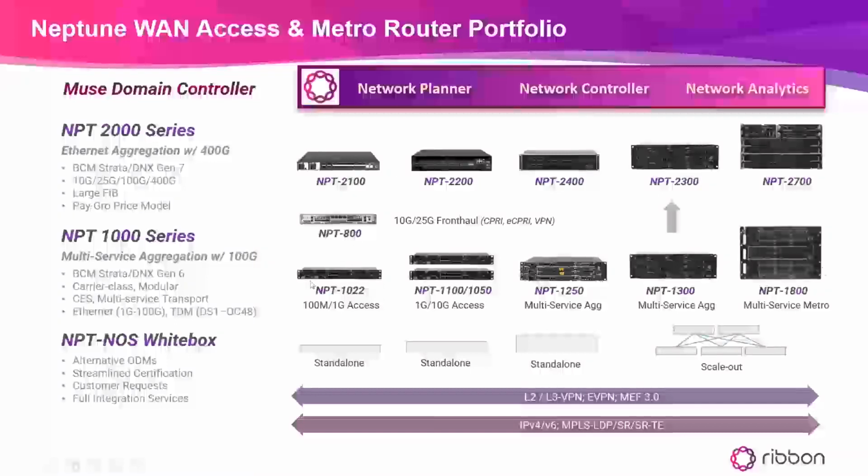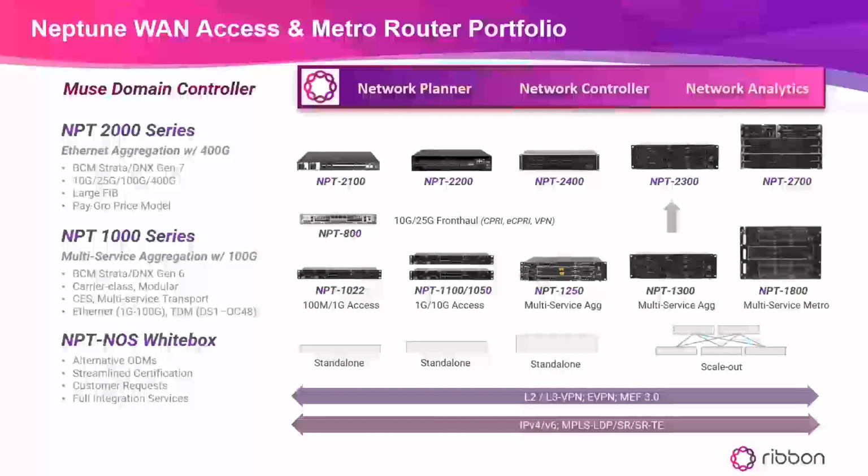The 1000 series is not going away. These are deployed by the thousands, actually tens of thousands worldwide. So they're certainly not going away. The 2000 series is simply a bump up in terms of interface types, adding the new 400 gig Ethernet optics and interfaces, much bigger switch fabrics, much bigger FIBs and RIBs in terms of the routing tables.